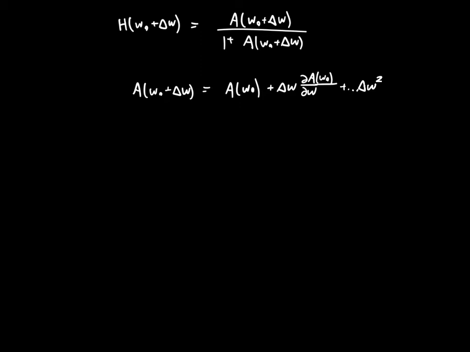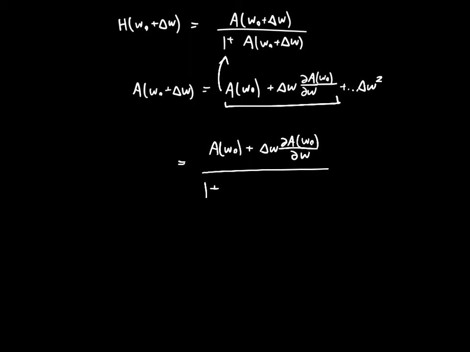So if we just substitute in these two terms into the expression above, we get that that's equal to A of omega naught plus delta omega dA of omega naught over d omega, divided by 1 plus A of omega naught plus delta omega dA of omega naught over d omega.